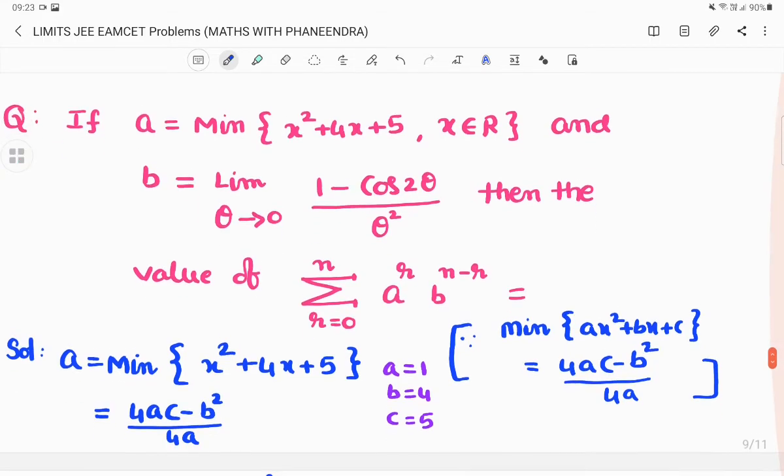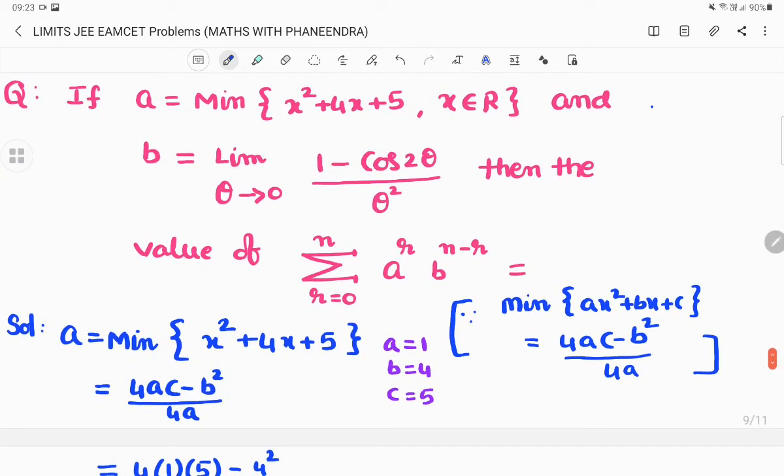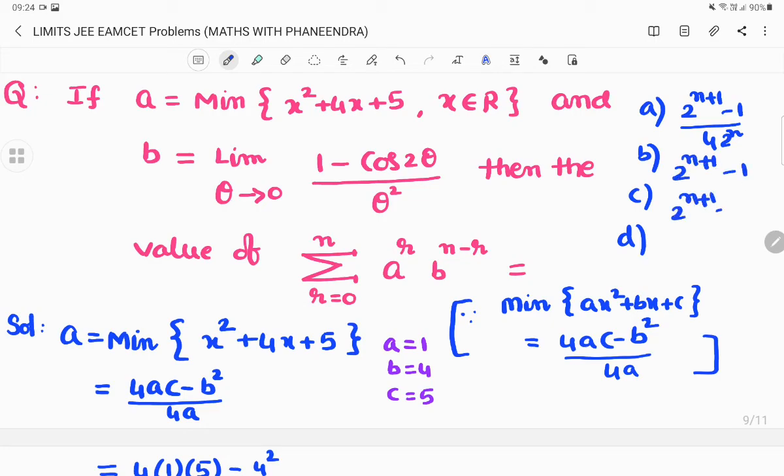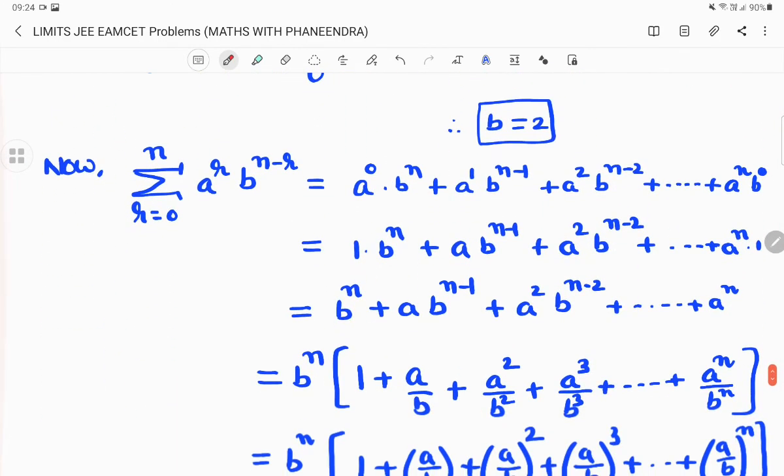I did not give the options, so I'm writing here the options which are available for us. First, 2 power n plus 1 minus 1 by 4 into 2 power n. The second option is 2 power n plus 1 minus 1. The third option is 2 power n plus 1 minus 1 by 2 power n. And the fourth option is 2 power n minus 1. So among the options, the second option is the right one, 2 power n plus 1 minus 1. That's what we got.